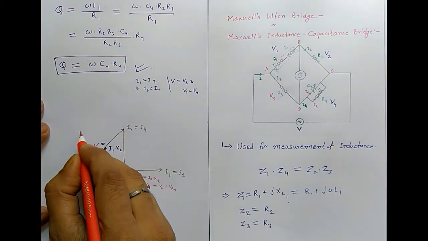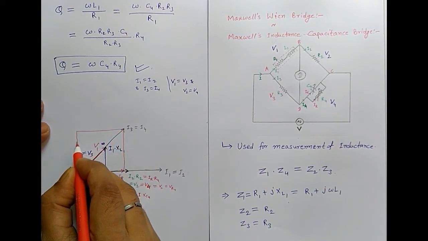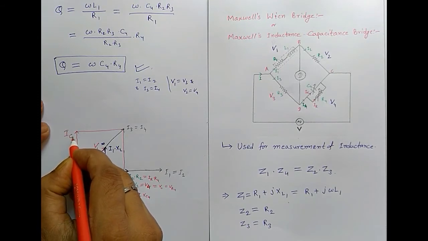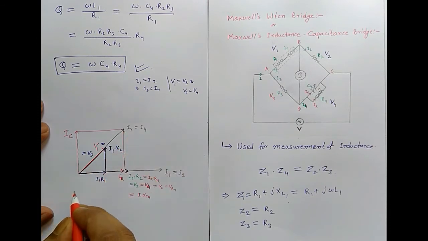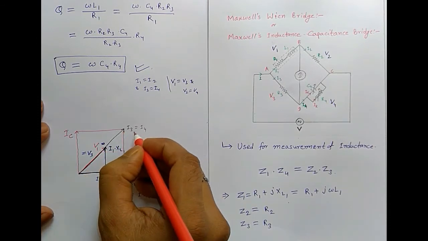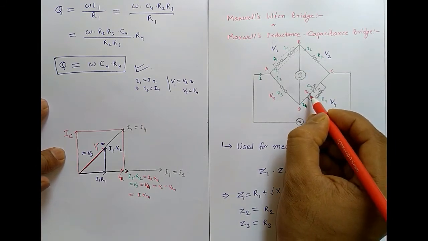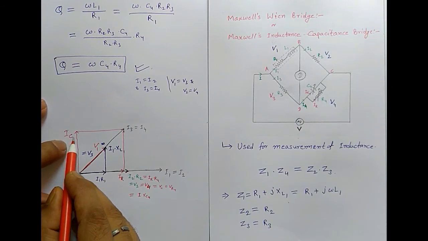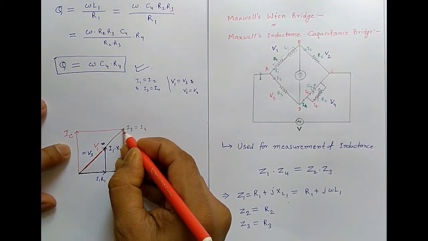This gives us IC, and the resultant of both, IC plus IR, gives us I4.